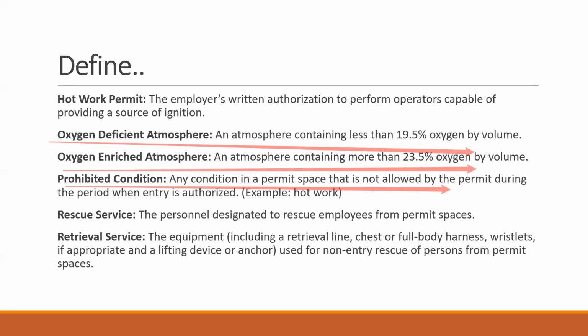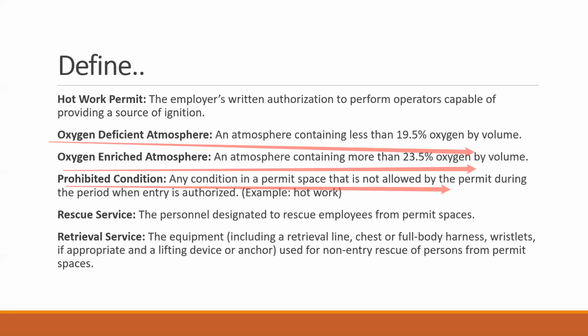Oxygen deficient atmosphere: if it is less than 19.5 percent by volume, we call it an oxygen deficient atmosphere, and if it is more than 23.5, we call it an oxygen enriched atmosphere. So our oxygen should be between 19.5 and 23.5, otherwise in both cases it is not good for human health.